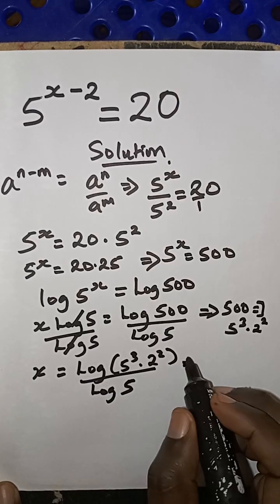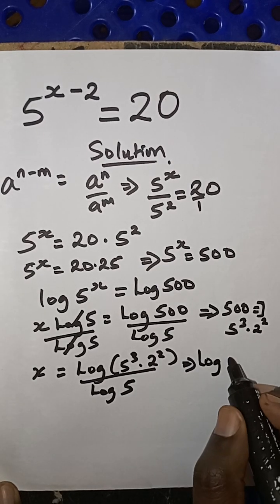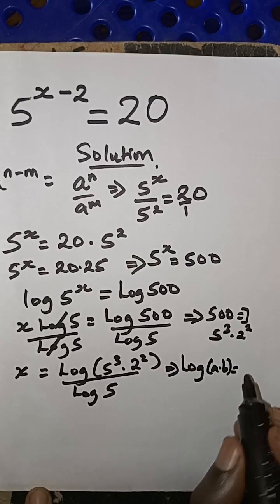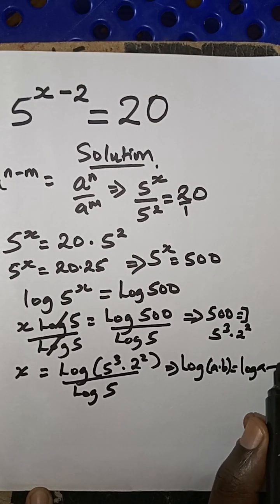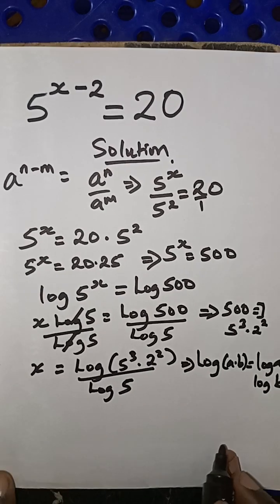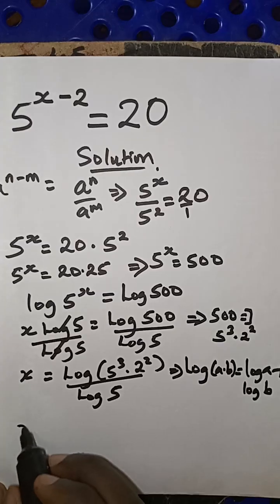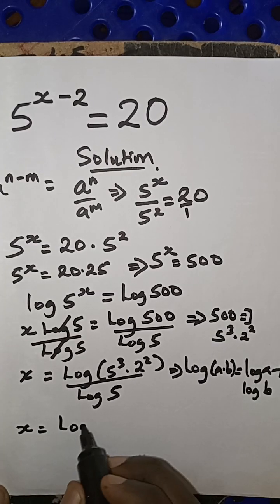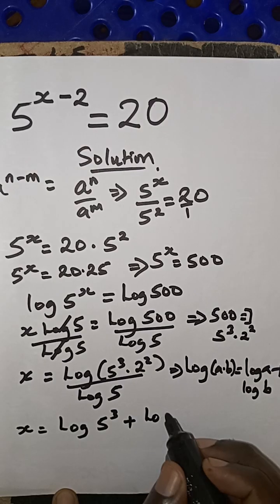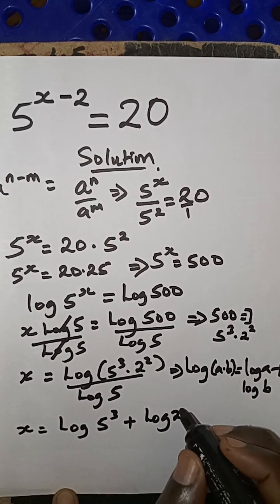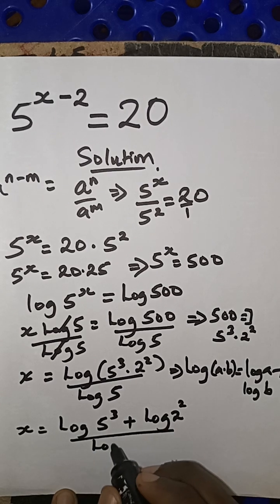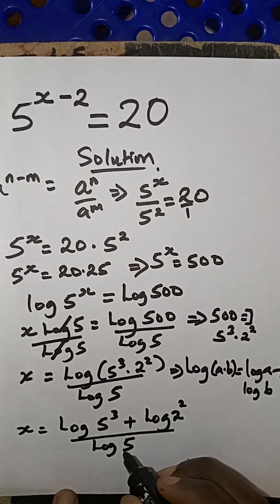Expanding this using the log of a multiplied by b, this is the same as taking the log of a plus the log of b. Now x becomes the log of 5 to the power 3 plus the log of 2 to the power 2 divided by the log of 5.